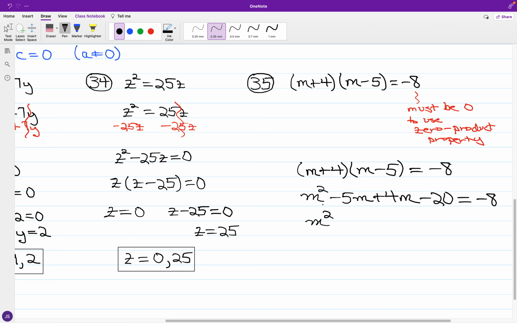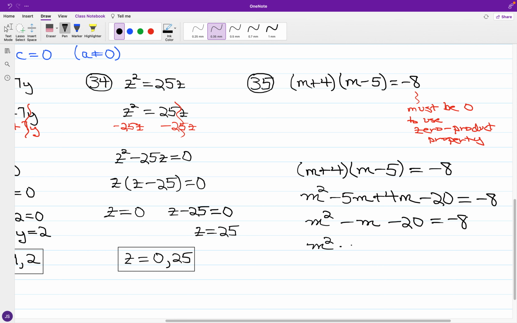For what I have on the left, we've got M squared, -5M plus 4M becomes -M, and I still have -20 is equal to -8.